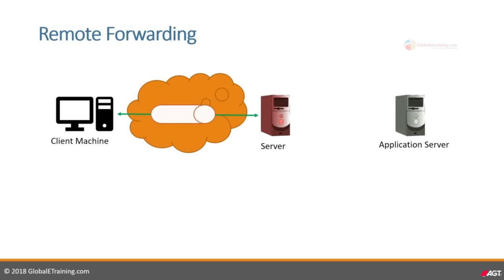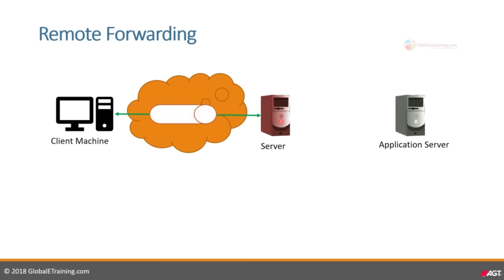And if I SSH from the server machine to the client machine, a new port gets opened on the client machine. So wherever we are connecting to, that's where a new port is open.